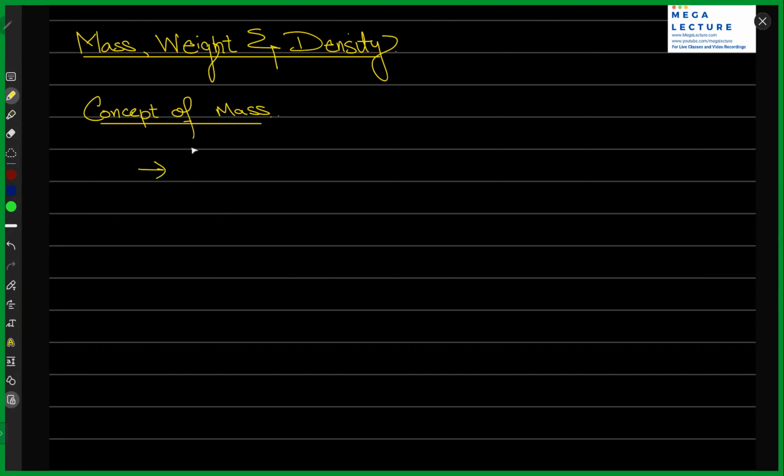You can say the quantity of matter, right? Amount of stuff or amount of matter in a body. This definition is good enough for our purposes: we can define mass by simply saying that it's the amount of stuff or matter contained inside a body.